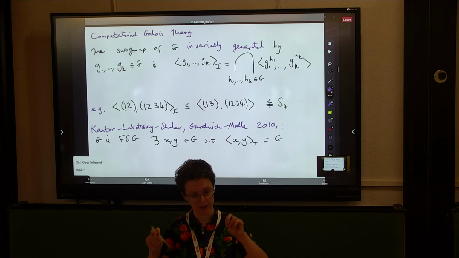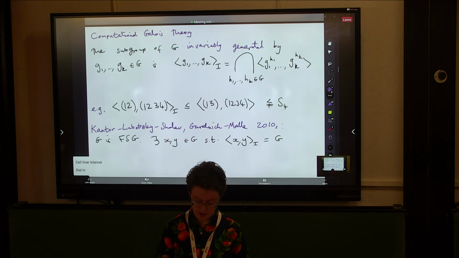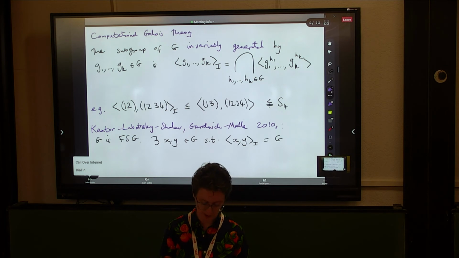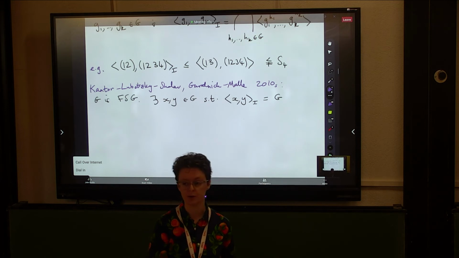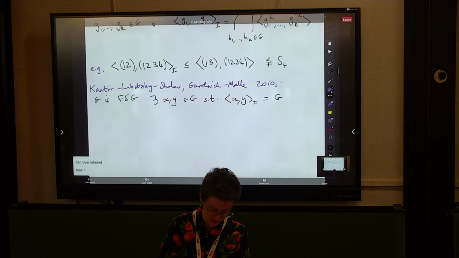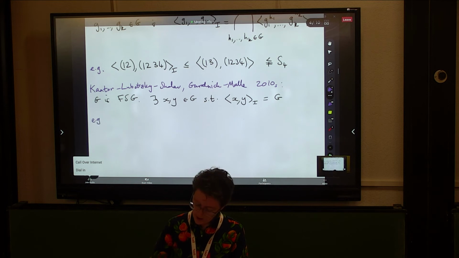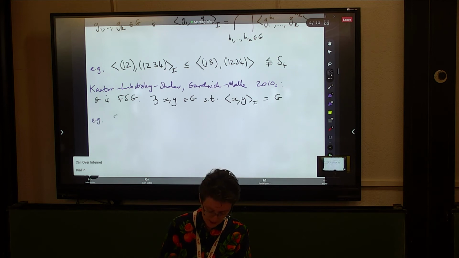with the word invariably in there instead. However, there's one very weird consequence, which is that in general, a group generates itself, even if it's infinite or whatever. This is no longer true for invariable generation. So this is just kind of a cute example, which is that, okay, let's take SL_n(C).